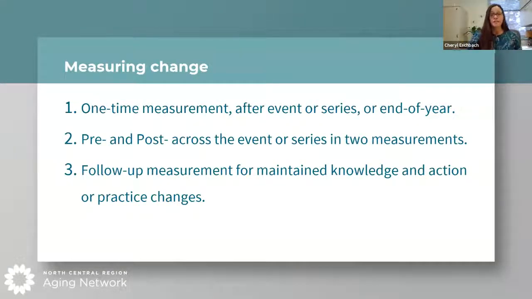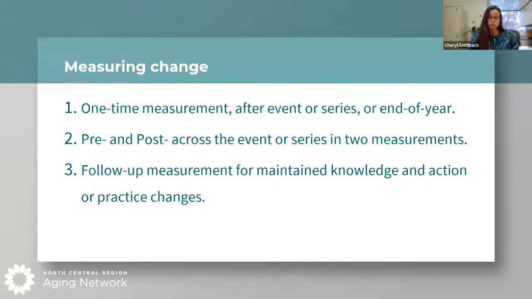These are the 3 most common program evaluation designs used within extension programs. The first is one-time measurement. After a series or an event, or even at the end of a program year, it's one time, a single shot. The second type is pre and post measurement.